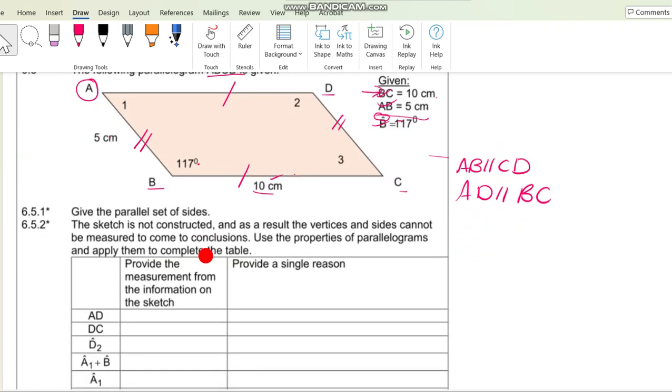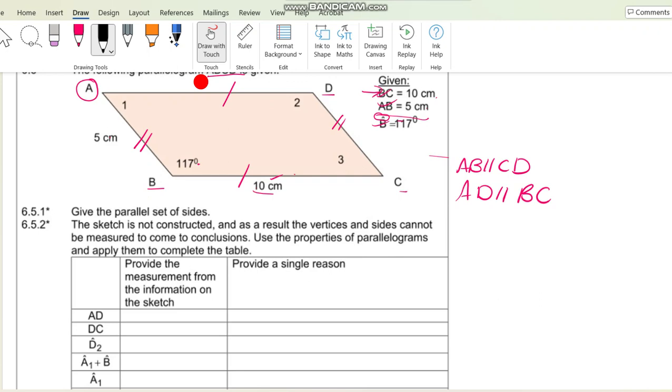Okay, so now it gives you, provide the measurements for the information on the sketch, provide a single reason. So from A to D, what would that be? How long will it be? Remember your rules, your characteristics of them.